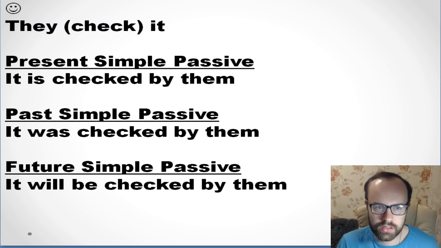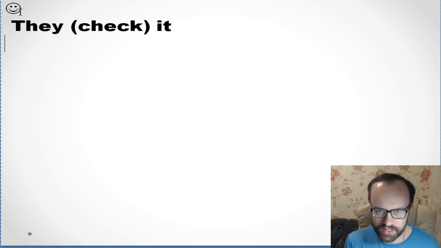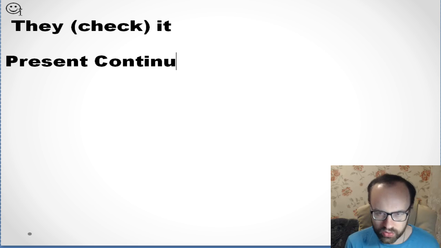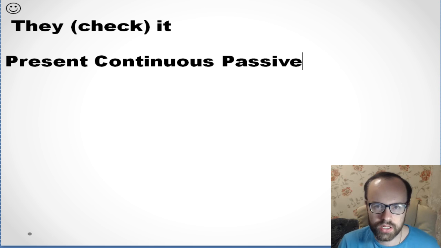Okay, very good. So the next group is continuous. Let's try to say it here in present continuous passive. So what do you remember about it? Okay, let's check it.